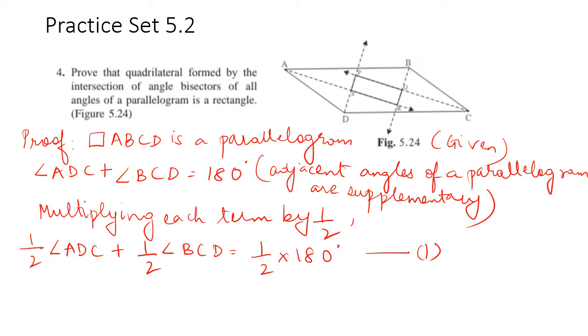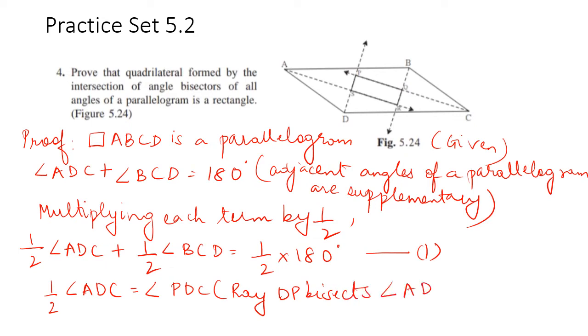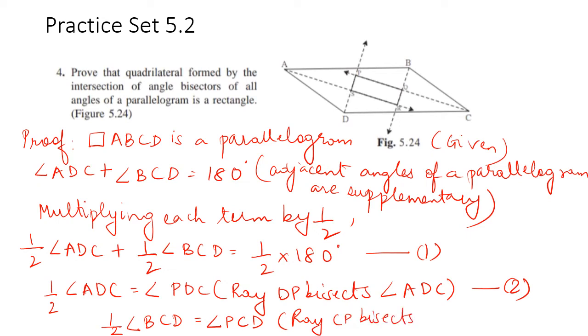So half of angle ADC is equal to angle PDC. Why? Because ray DP bisects angle ADC. So this is your second statement. Similarly, I can say that half of angle BCD is equal to angle PCD. Why? Because ray CP bisects angle BCD. So that would be your third statement.